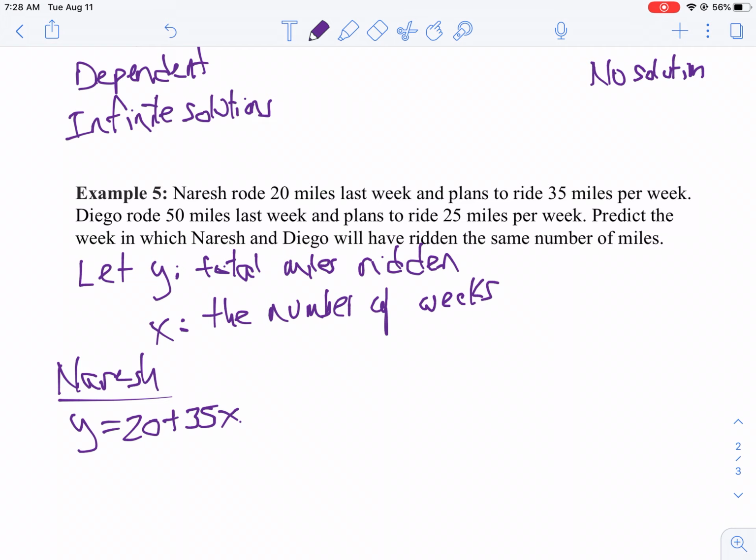And then we'll write an equation for Diego. So the total miles of Diego, well, Diego rode 50 miles last week, but then plans to ride 25 miles per week after that. So we're going to graph these two, 20 plus 35x.